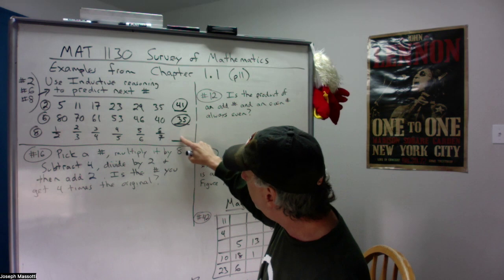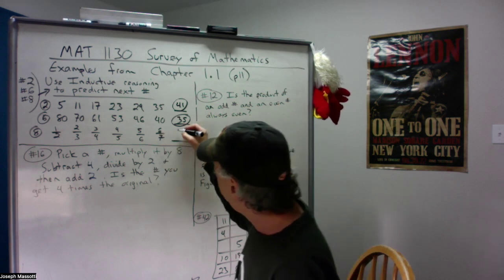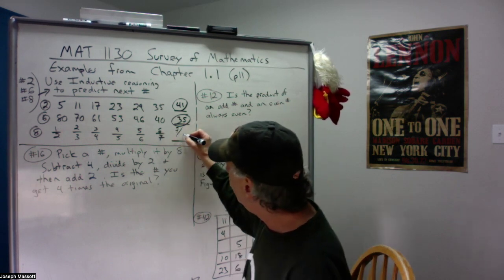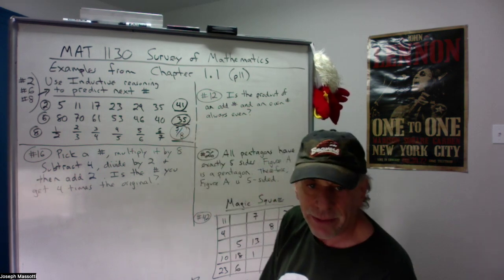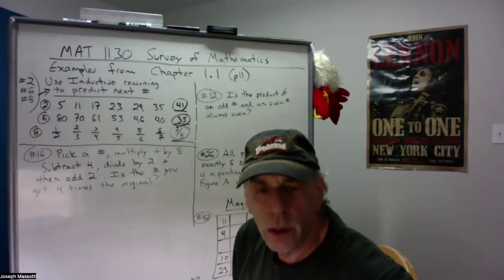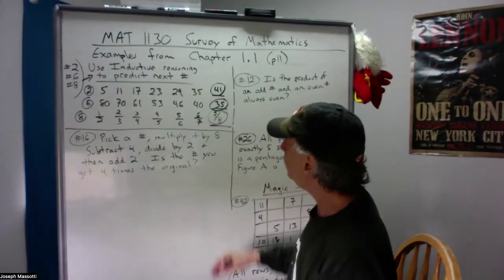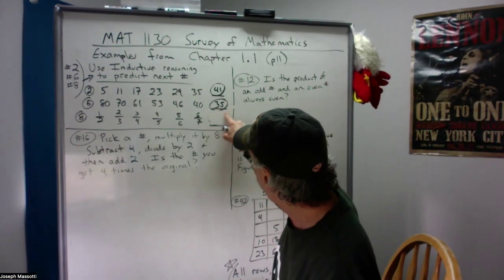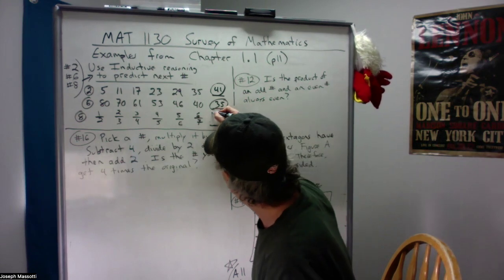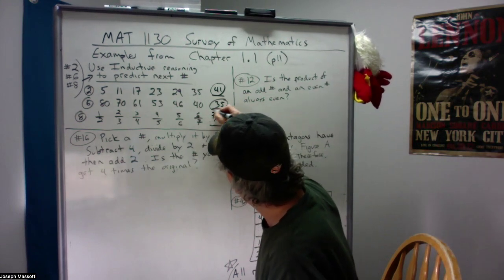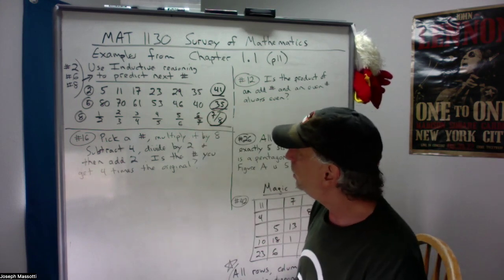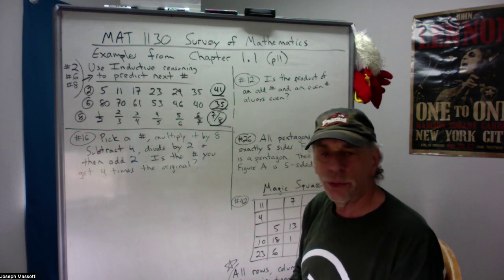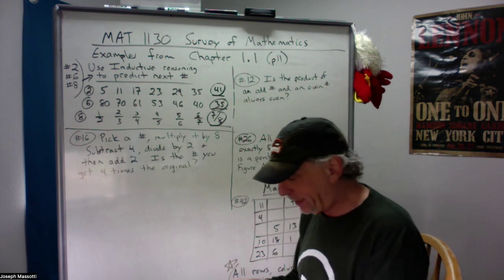So the next number in our list, we're going to add 1 to that numerator and add 1 to that denominator and get our answer of 7/8. Is it clear enough? Make sure you see these numbers. 7/8. All right, so that is using inductive reasoning to predict the next number in a list.